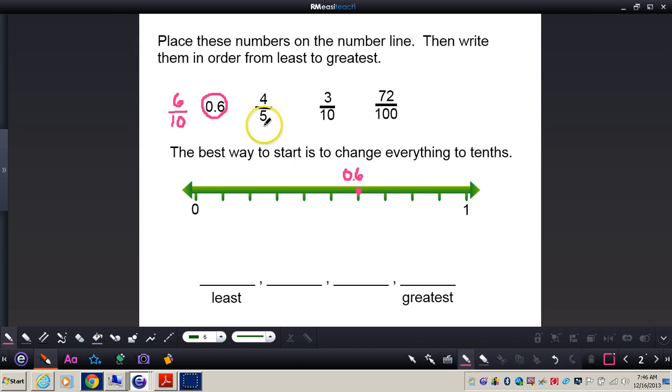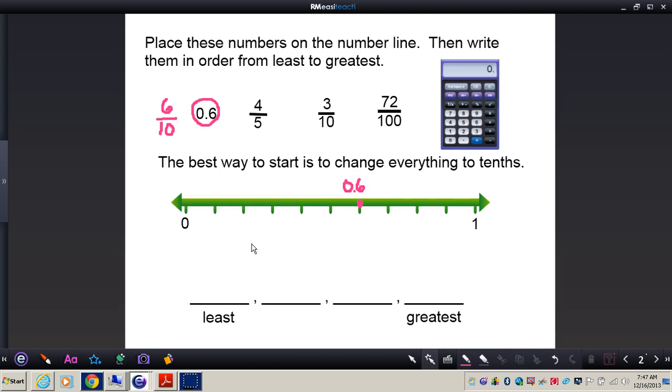Now it's a little tricky when we have 4/5. However, we could get out our calculator and figure out what 4/5 equals as a decimal. We take 4 and divide that by 5. Let me clear this out here. 4 divided by 5 gives me 0.8.